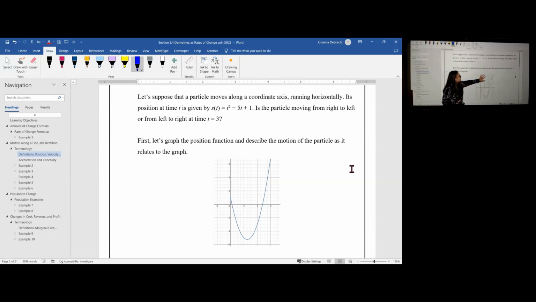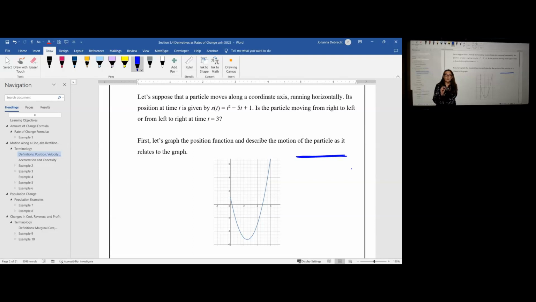So when we look at the graph, we want to describe the motion of the car as it relates to the graph. Now, the car is not following this path. The car is on the interstate traveling either east or west, back and forth on a straight line, rectilinear motion.